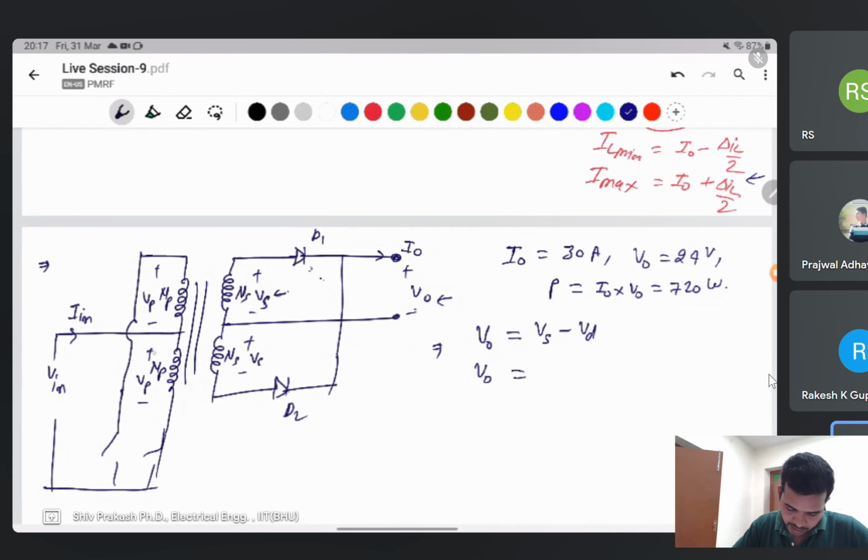Vs is simply written as Vp into Ns divided by Np. This voltage Vp into Ns divided by Np is equal to Vs minus Vd. If you take Vd1 and Vd2, they are given as the same, 0.5 volt.